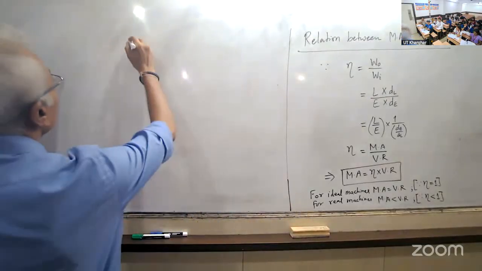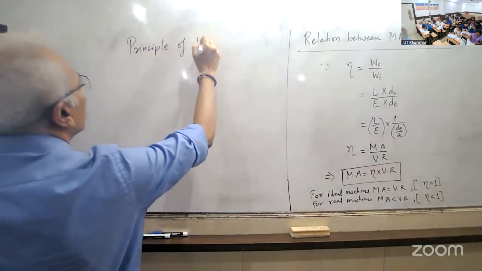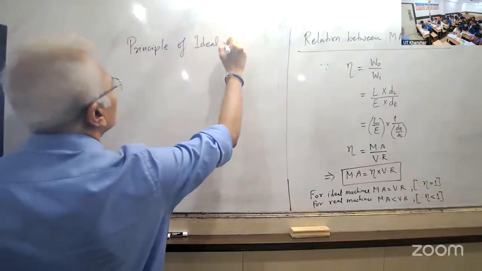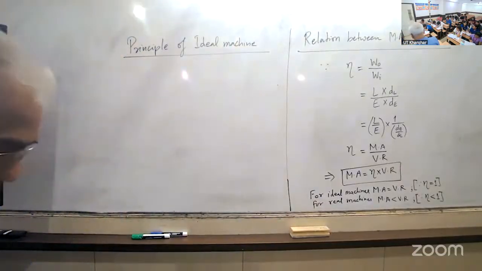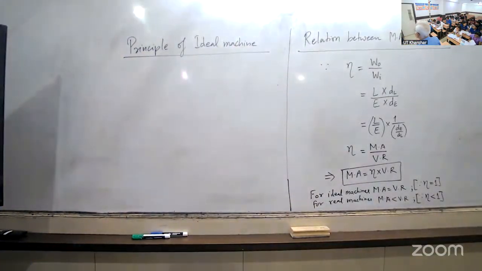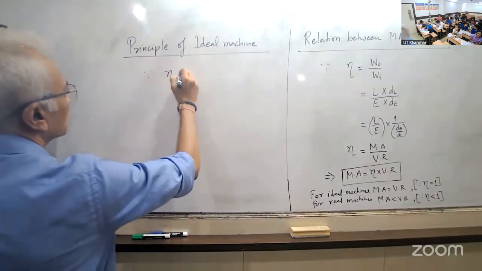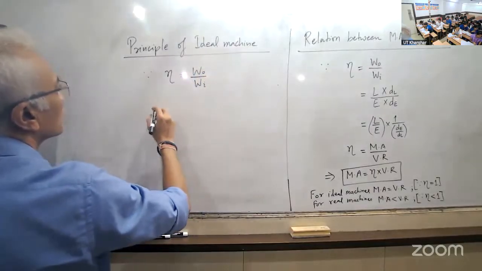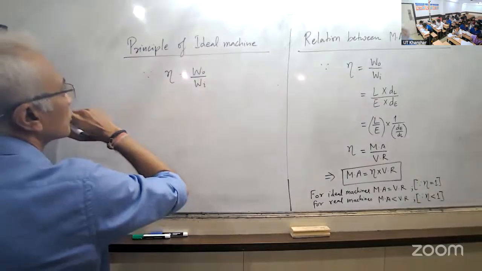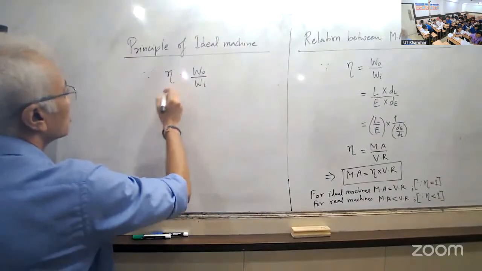Next is principle of ideal machine. So for ideal machine, eta is equal to 1.